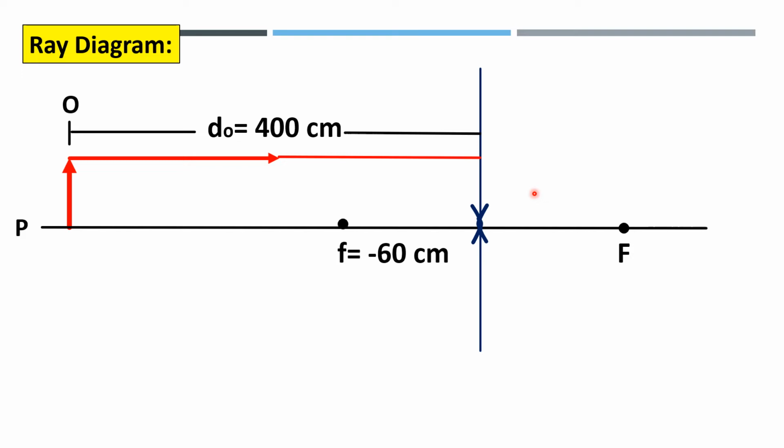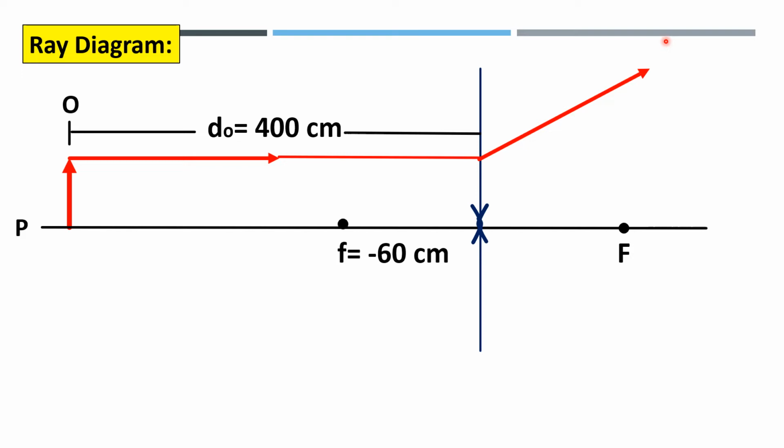Since it's a diverging lens, from the word diverging, that refracted ray will diverge, meaning it moves away from the principal axis, something like this. So that arrow represents the refracted ray of our first incident ray upon passing through the diverging lens.